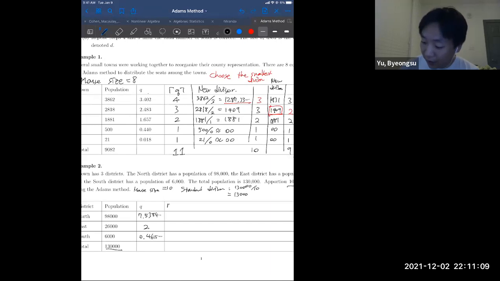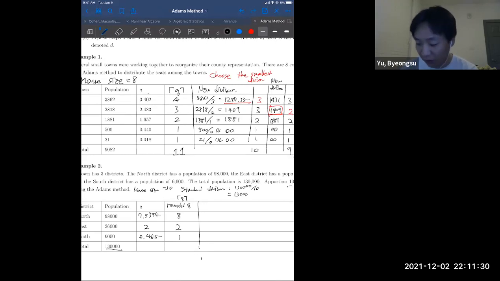So the rounded quota is just rounding up the quota instead of rounding down. It is 8, 2, 1. And if you add all the numbers, it is 11, because rounding up an integer is just the same.